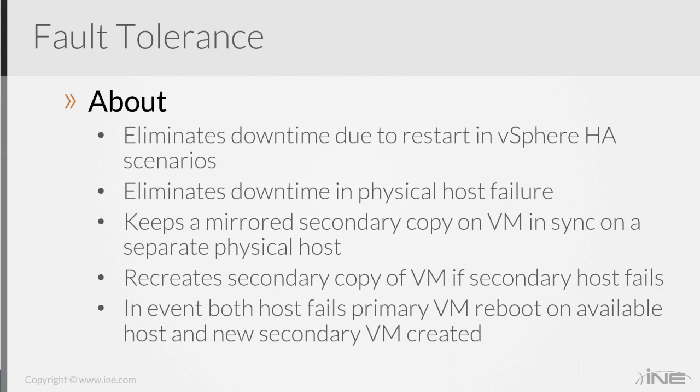Ideally, you would want to use the fault tolerance feature for your mission critical VMs, where downtime just cannot be tolerated. The fault tolerance feature could also be used in situations where you have some sort of third-party application for a failover cluster.